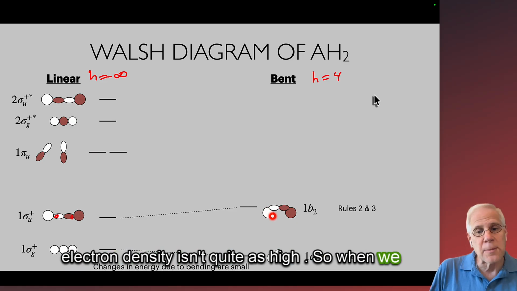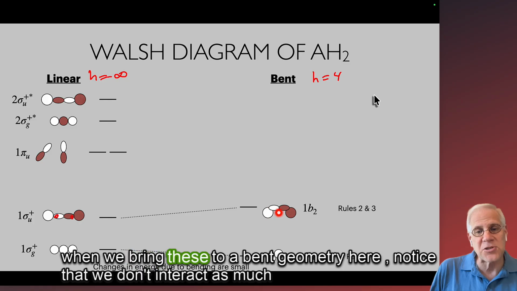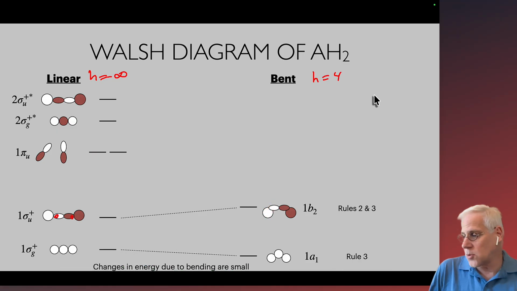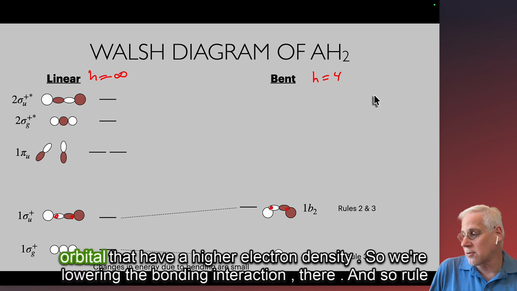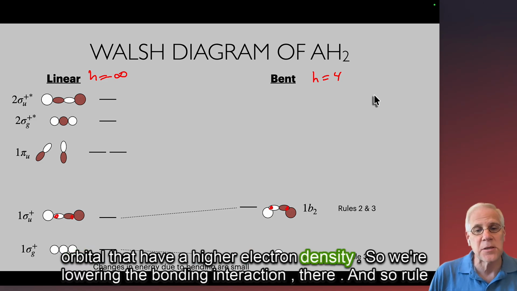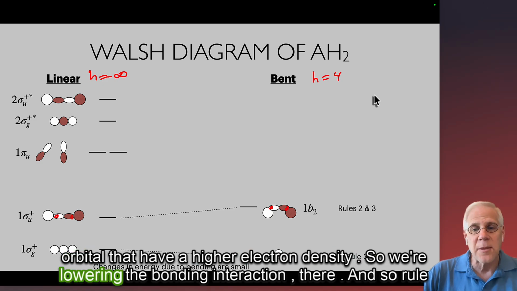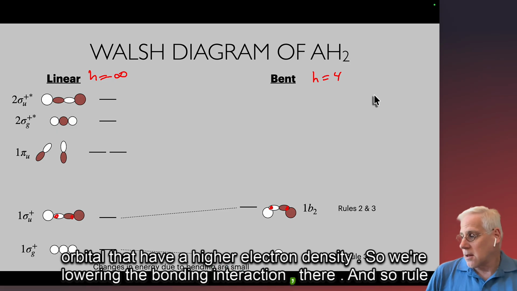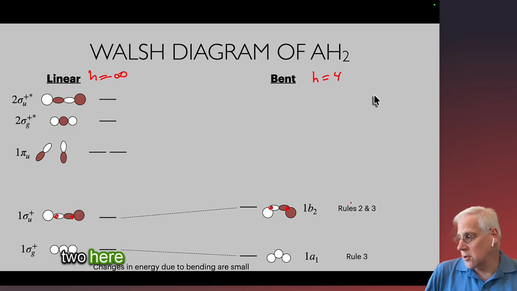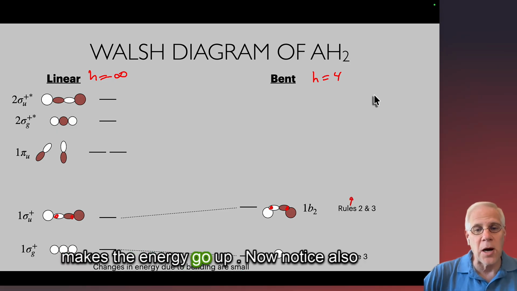So when we bring these to a bent geometry here, notice that we don't interact as much with the areas of the orbital that have a higher electron density. So we're lowering the bonding interaction there. And so rule 2 here makes the energy go up.